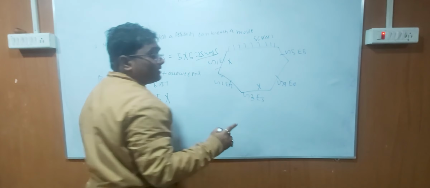So he can enter by 5 ways, but if he enters by E1, then he cannot exit by E1. Then how many options are available for him? 4. If he enters through E2, then for exiting: E1, E3, E4, E5. In the same way, from each gate, 5 into 4 means 20 ways. In 20 ways, entry and exit is different. Okay. Now we are going on to the next question.